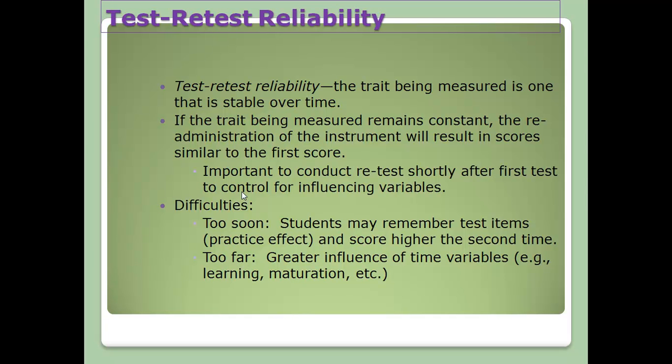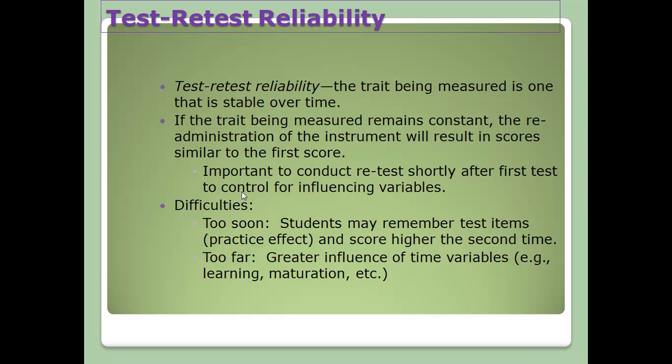Now, we want to go back over test-retest reliability. And again, math is an excellent test to use as a backdrop. This is a trait that's being measured, and it has to be stable, so it can't really change. That trait, again, double-digit addition, 2 plus 2 or 20 plus 20, should always equal 40 if we're just adding double digits.